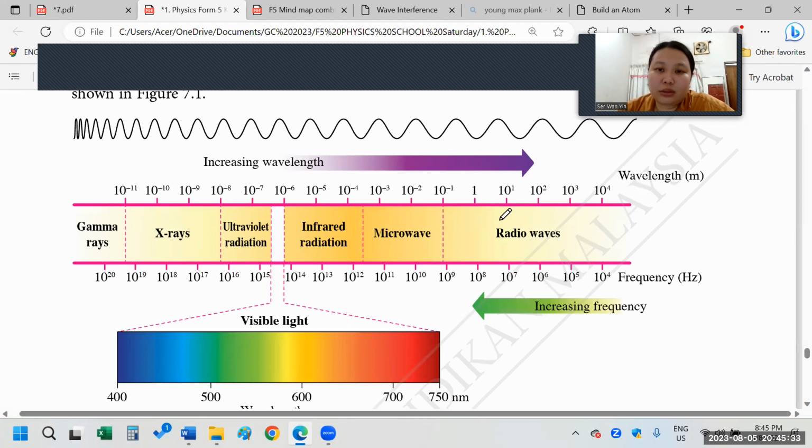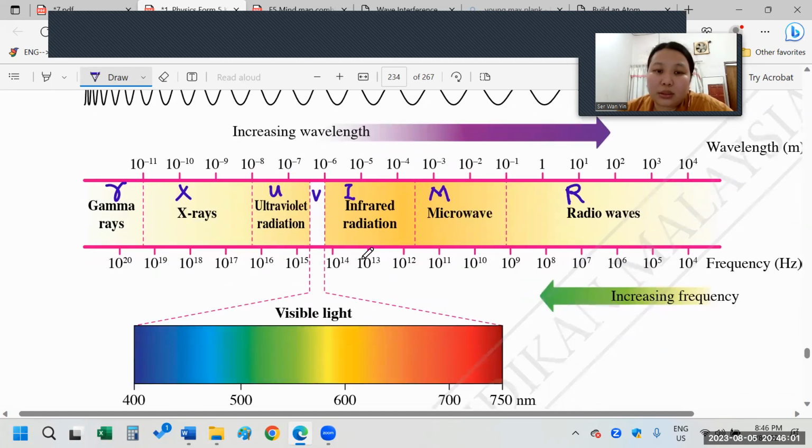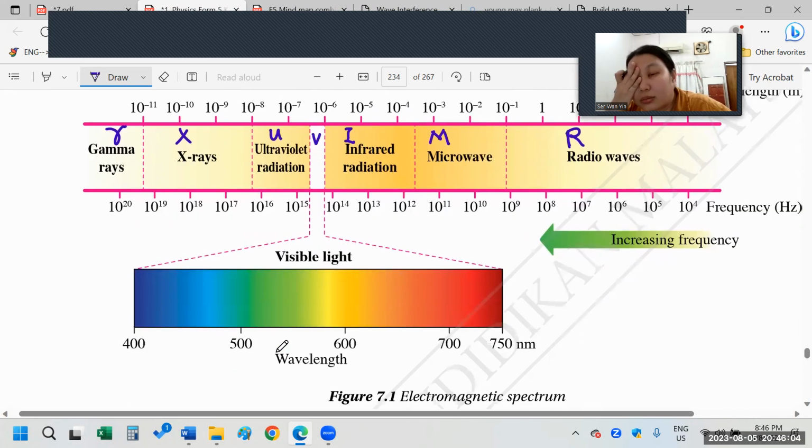If you want, you can remember in this way. Do you like money? There is money inside the spectrum. R M I V U X gamma. Ringgit Malaysia, I love you, X gamma. It's a must. Then visible light. For Chinese, normally no problem because we already memorized since primary school. But other races sometimes don't memorize.